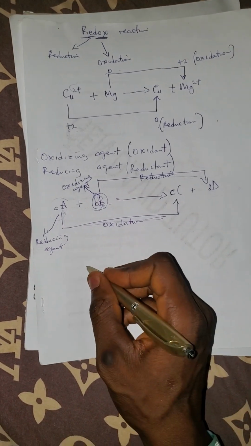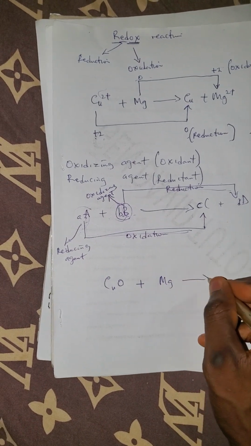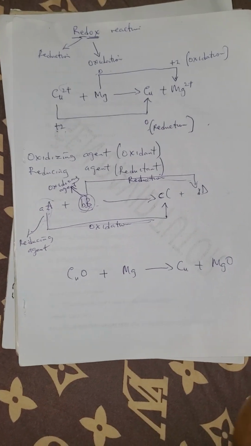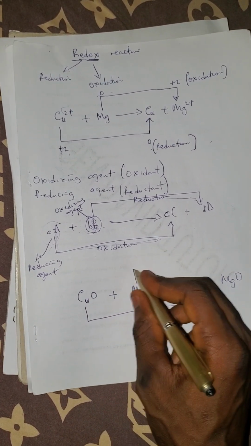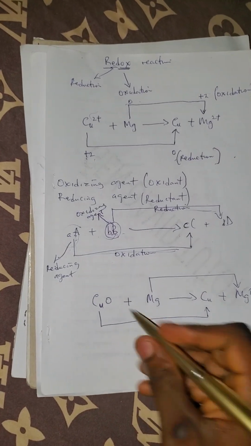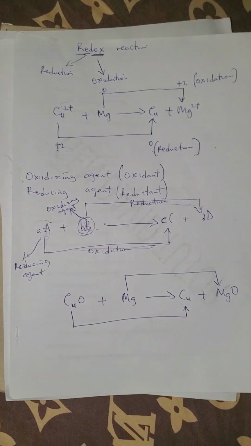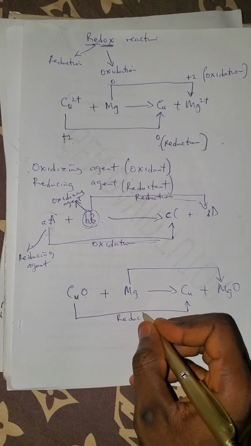Imagine you are given CuO plus Mg to give you Cu plus MgO. From here to here, there is oxygen initially, but there is no oxygen here again. Removal of oxygen is reduction.